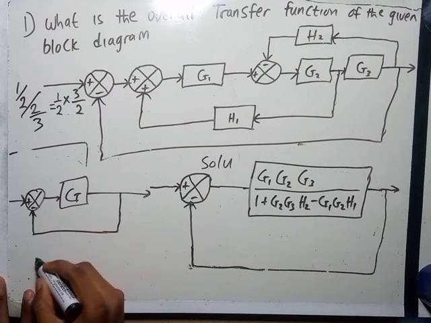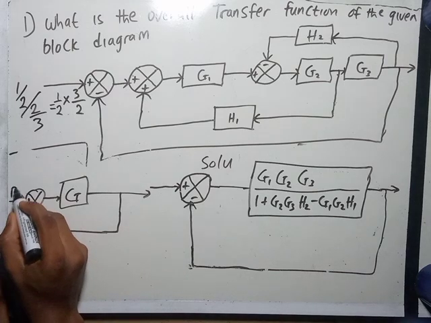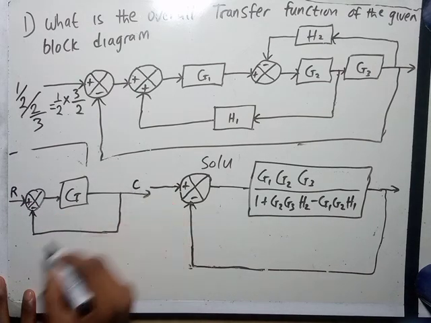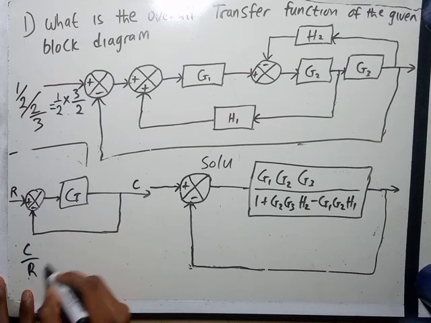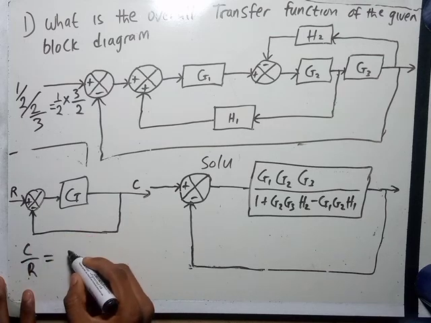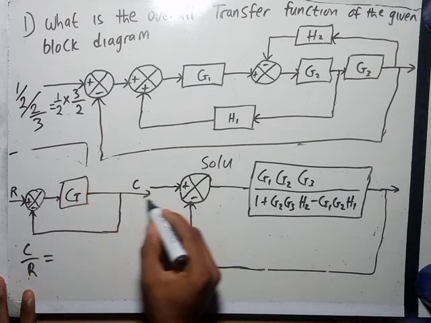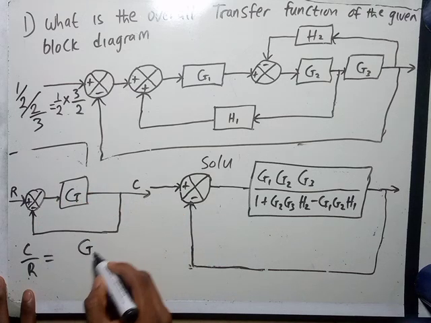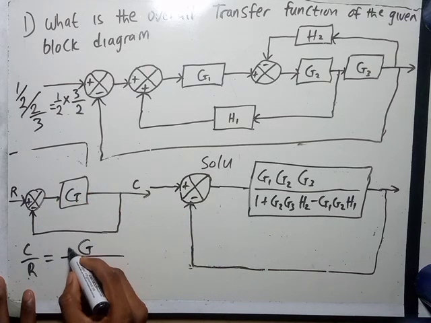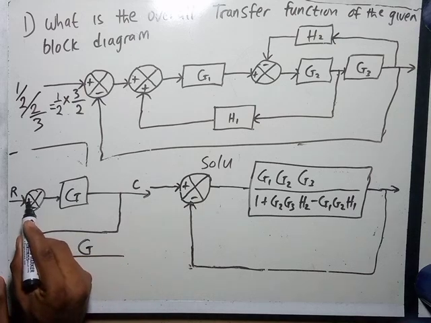So our transfer function, which is the ratio of the output to the input, C over R, is going to be the one on the main part as usual, G, and it is G because here is plus.